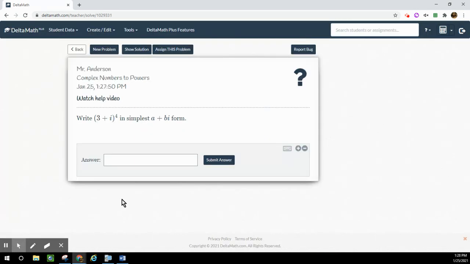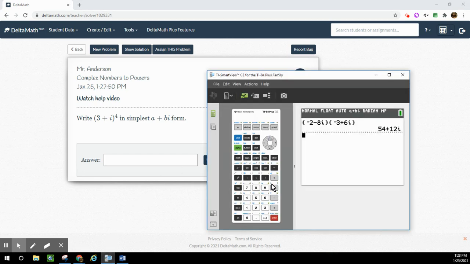The next type of problem is to do complex numbers to powers. So let's again use our calculators to start with here. 3 plus i to the fourth is 28 plus 96i.